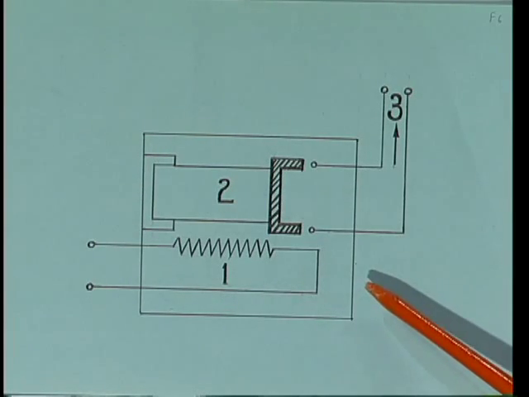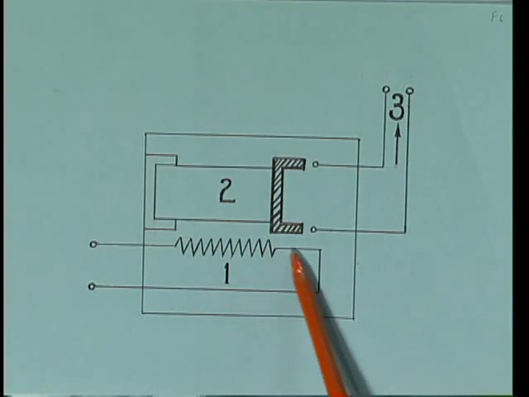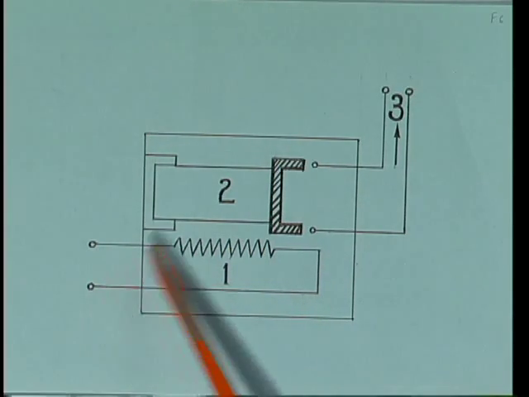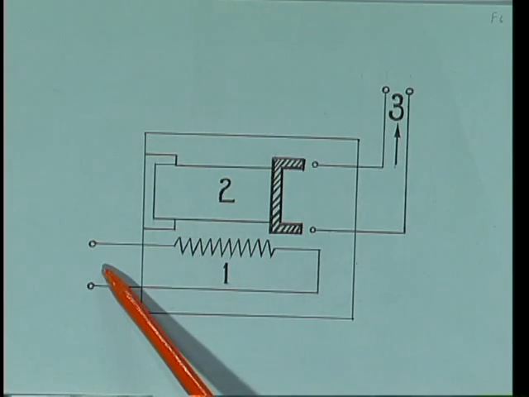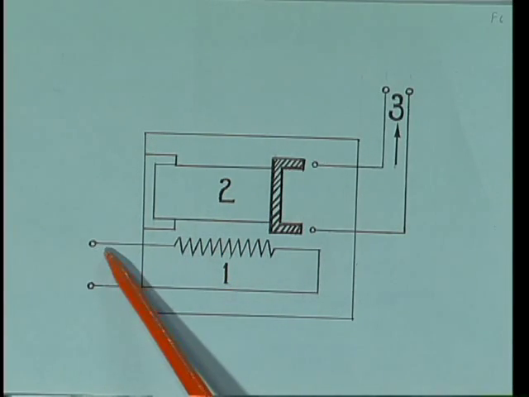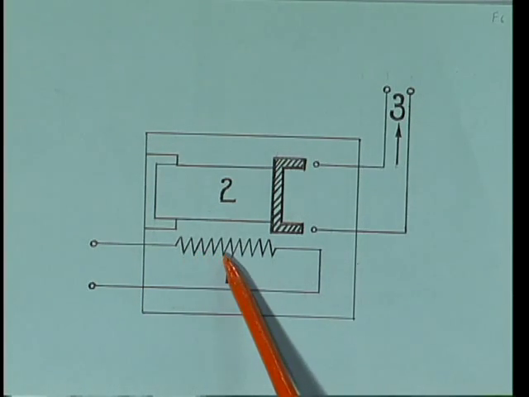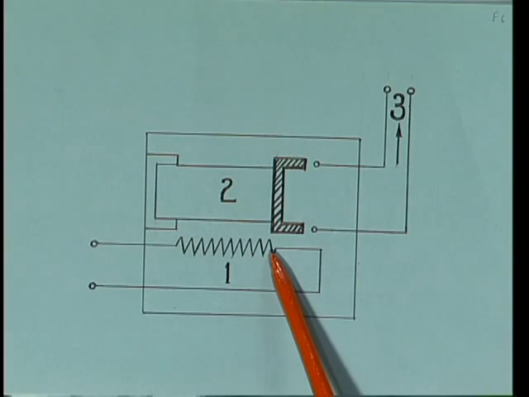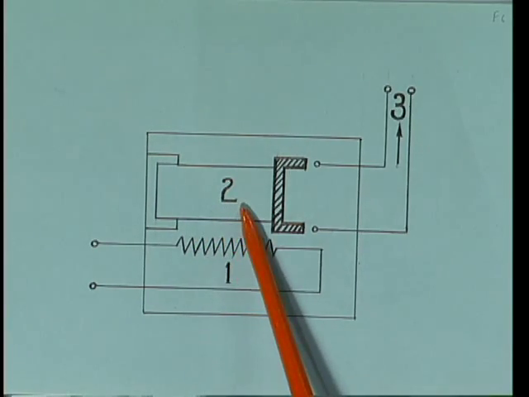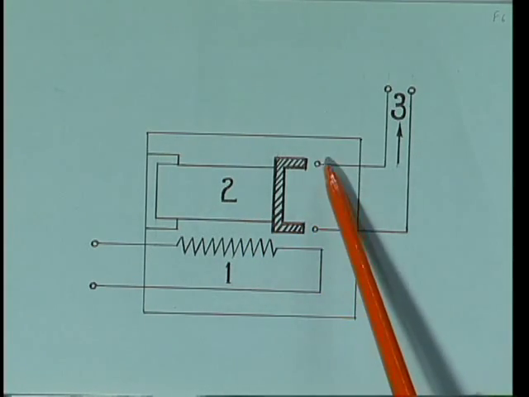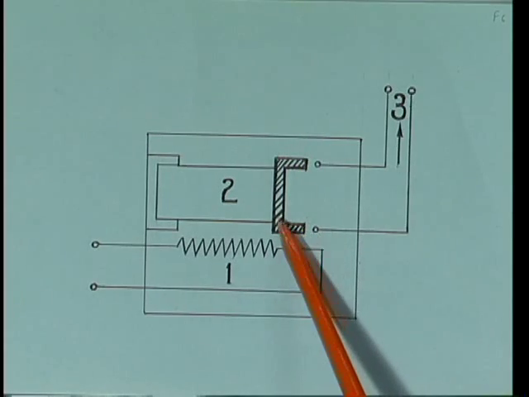The operation is like this. Under normal operating conditions, the current flowing in the element of the relay coil is not sufficient to heat the bimetallic strip. Whenever a fault occurs on the system, the current flowing in the relay is so high that the heat produced in the element is very high. Due to this heat, the bimetallic strip expands and touches the two fixed terminals.